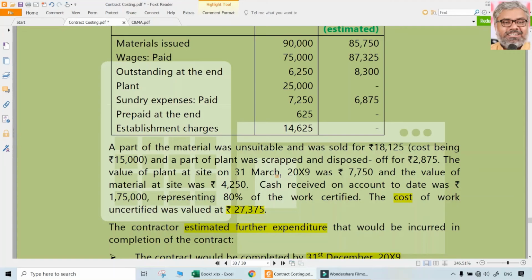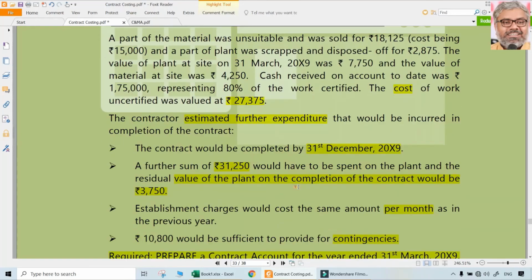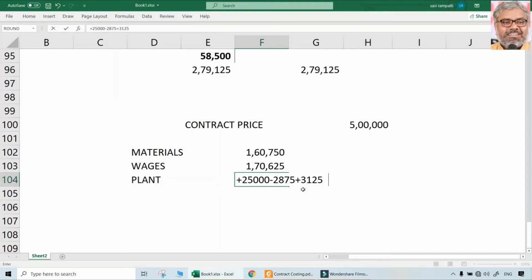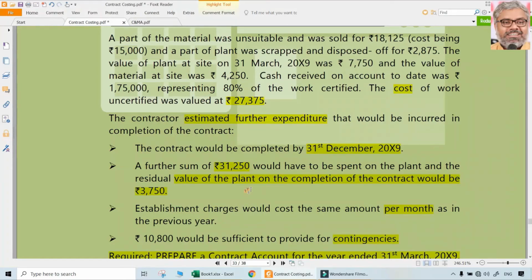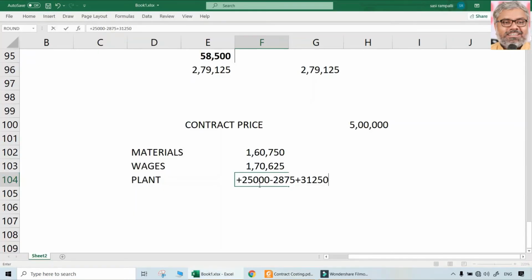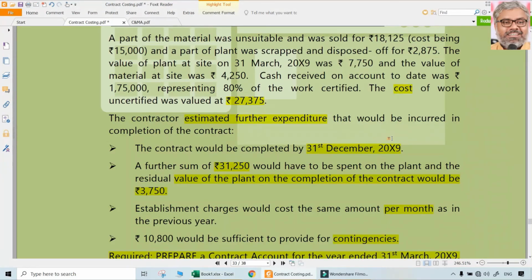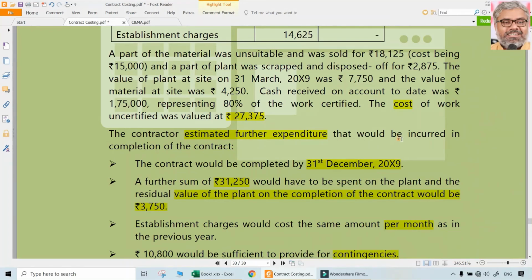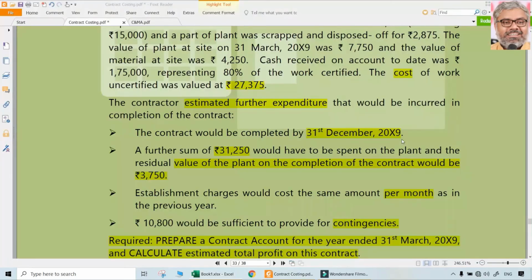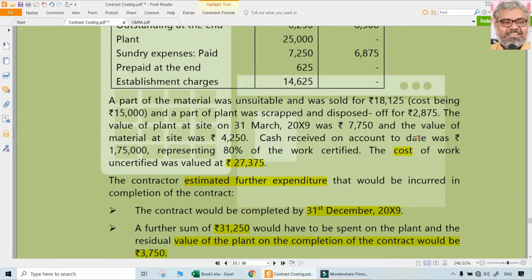Then further plant was introduced, 31,250. Add that 31,250. And the value of the entire plant at the end of the contract would be 3,750, minus 3,750. So that means the total plant that is actually used during this entire contract, not just for one period, for the entire contract, will be 49,625. That is a plant related expenditure, we can say.